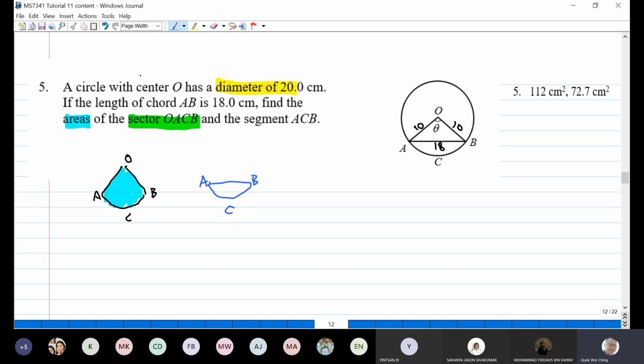So the segment ACB is another area here. The segment is the smaller one, this one. So there are two parts. Let me change color, so I will use green here. You can see it represents the green one.